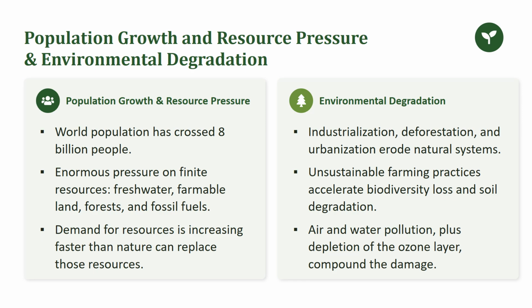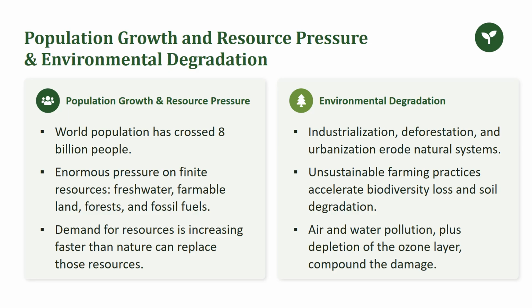In population growth and resource pressure, as the world's population has crossed 8 billion plus, there is enormous pressure on finite resources such as fresh water, farmable land, forests and fossil fuels. The demand for resources is increasing faster than nature can replace them.